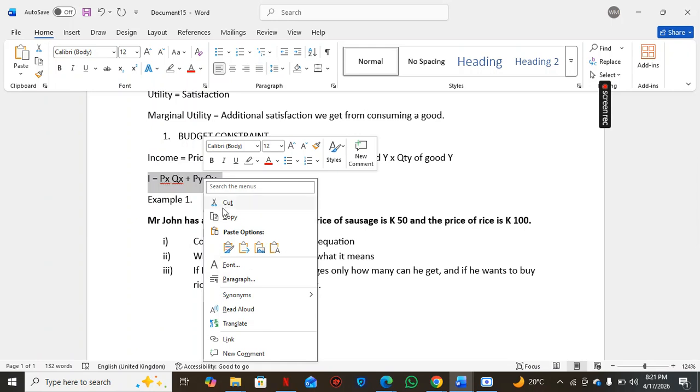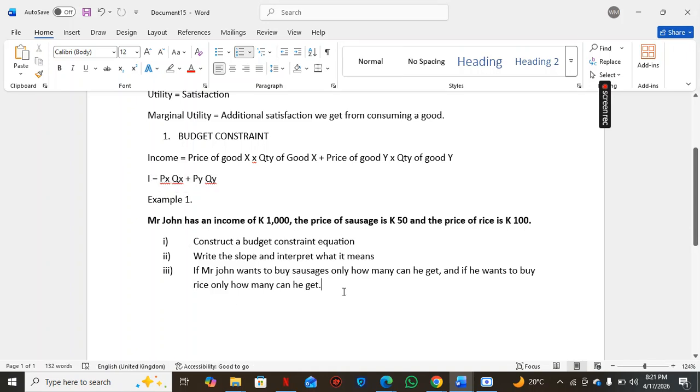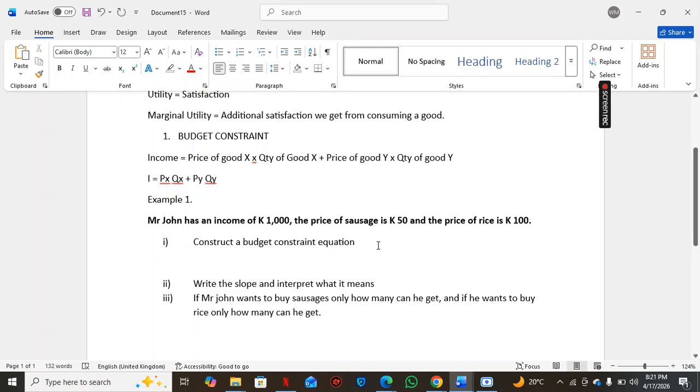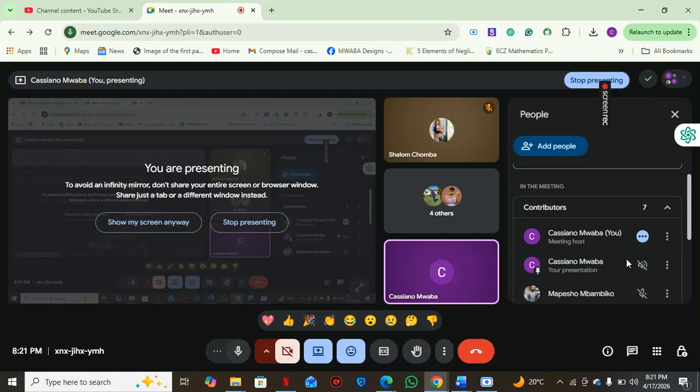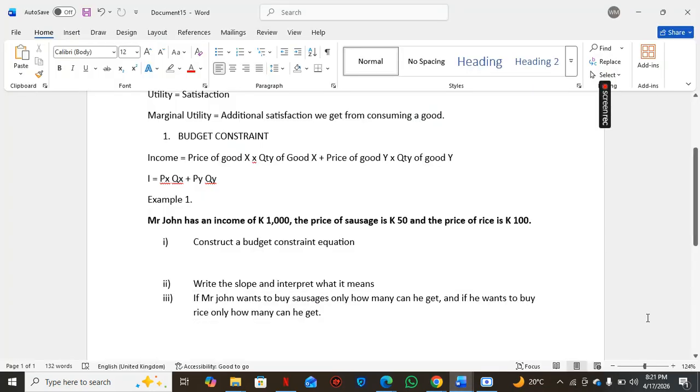So this is the format of the budget constraint equation. Income equals the price of good X times quantity plus price of good Y times quantity.